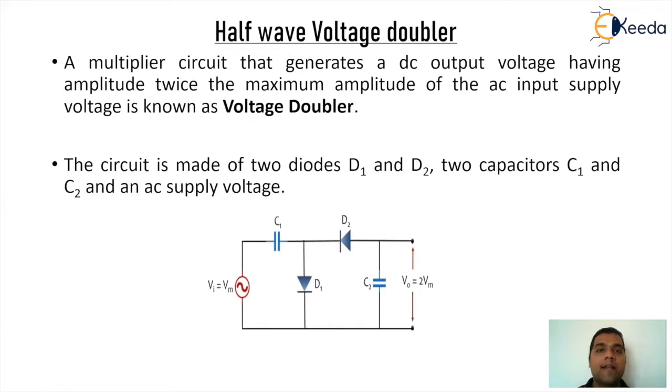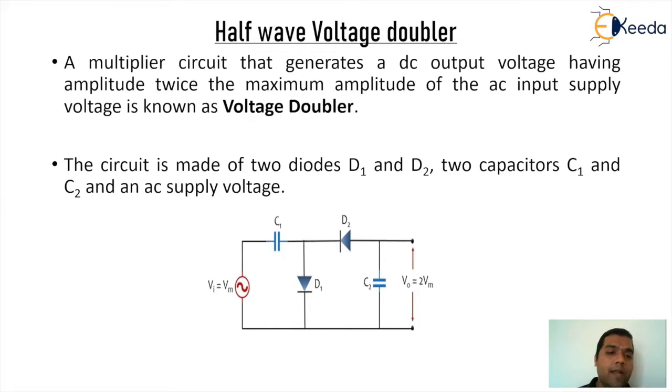A multiplier circuitry that generates a DC output voltage having amplitude twice the maximum amplitude of the AC input supply voltage is defined as voltage doubler. Now let's have a look at the circuitry. The circuitry is shown there, where we are going to have two capacitors C1 and C2 and two diodes D1 and D2.